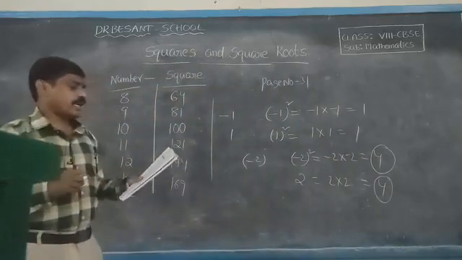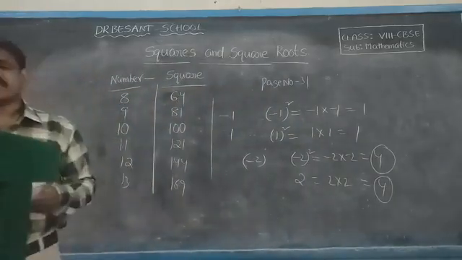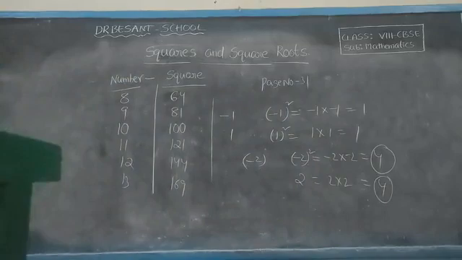Next, square of a rational number. So what is the square of a rational number?